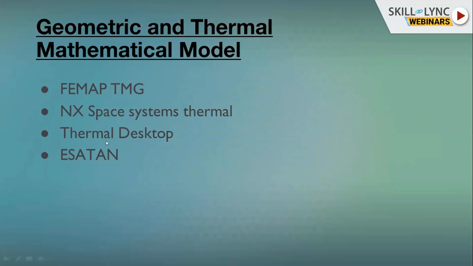Then we have Thermal Desktop, which is mostly used by American companies. And then we have ESATAN. ESATAN is basically a proprietary software of the European Space Agency. They use this software for their design and analysis.